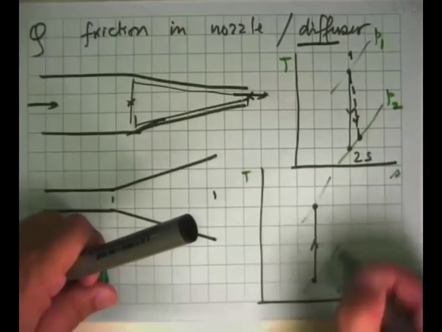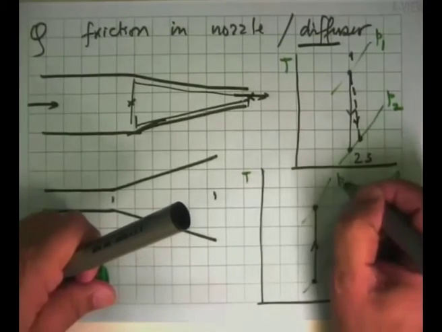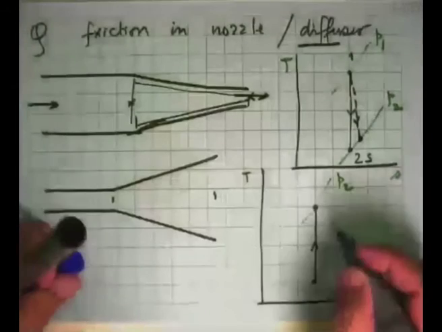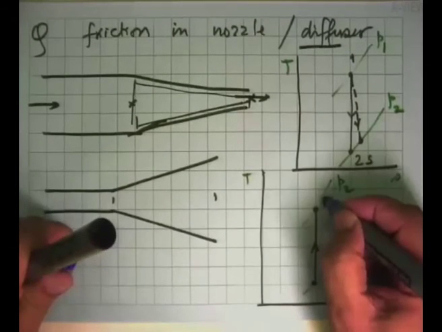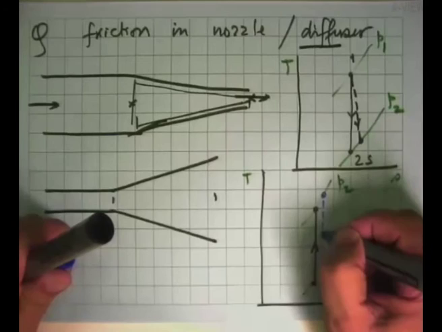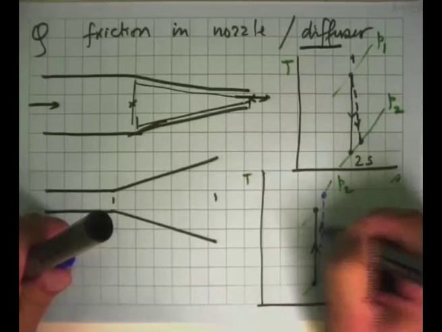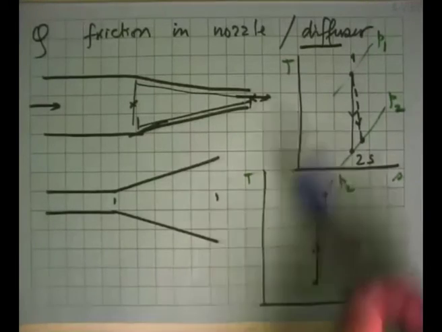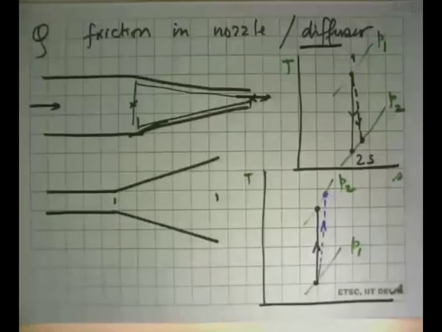These are the two isobars, P1, P2. And now if there is friction inside this, what it will do is go there somewhere and the temperature will also increase. So that's what the diffuser will do. So that's the difference between the nozzle and the diffuser.